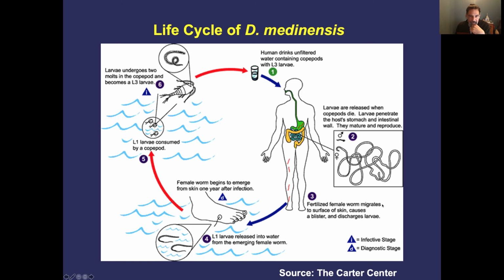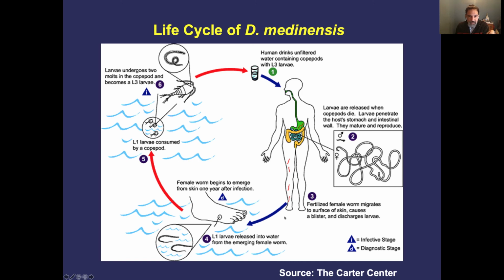And what happens ultimately is that a fertilized female worm may migrate to the surface of the skin over time, and that causes blisters, often in the lower extremities, but sometimes in the upper extremities. The blisters cause a burning or itching sensation. People want to relieve the burning and itching by putting their foot or their arm in water.